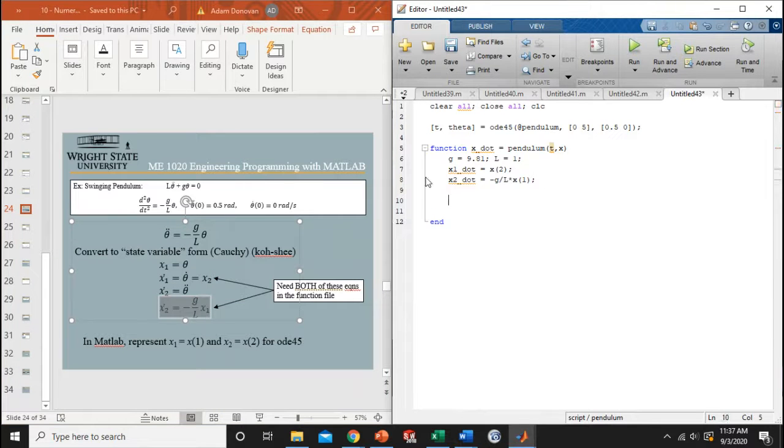And so now I'm going to put these into my x dot output. And you have to put them in a very specific way. This is just the way that MATLAB has to have it to solve them: you need x1 dot in the first row, and then x2 dot in the second row.